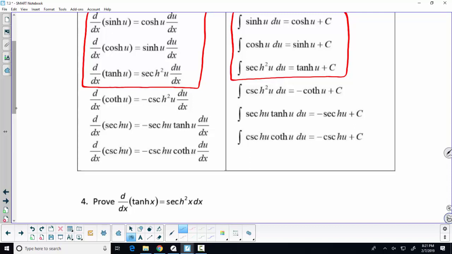That's comparable to our circular trig functions. What was the derivative of the secant function? Secant tangent, but the derivative of sec is negative sec tang. So there are differences because they're different, but it's an analogy.